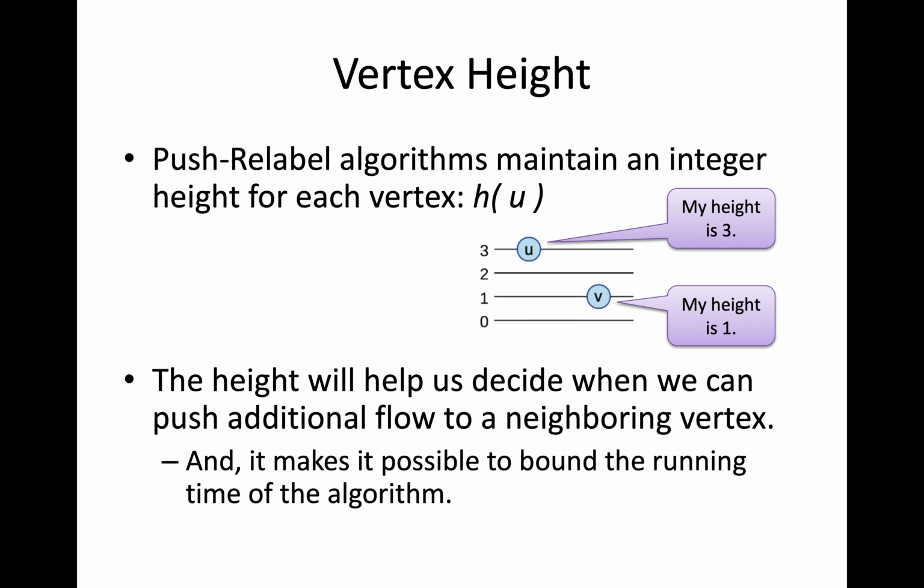These algorithms, all of the push-relabel algorithms, depend on this measure of height for every vertex. So every vertex has an integer height, and I think there's sort of a physical comparison for this. When we change the flow, we're going to think of it as always wanting to flow gently downhill.